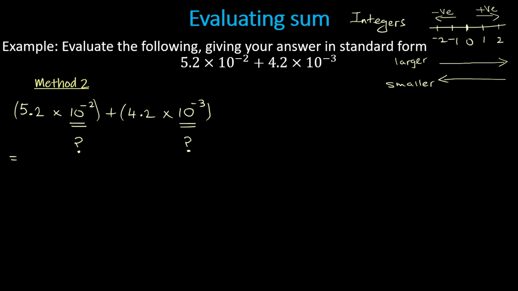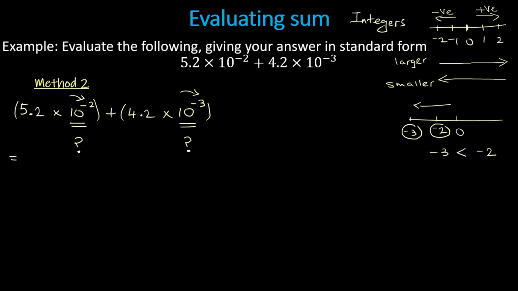Right? When we move to the right, the number becomes larger and larger. So in this case, let us consider the powers only. Negative 2. So our number line is here. This is 0. Negative 2 somewhere here. And the second power is negative 3. If we move to the left, we say that negative 3 is smaller than negative 2.